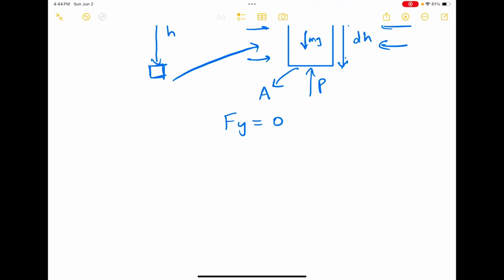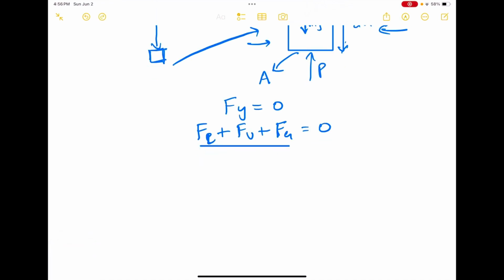We have the force acting on the lower surface of this cube, let's call it Fl, the force acting on the upper surface of this cube, let's call it Fu, plus the gravitational force acting on this cube. The sum of all these forces will be equal to 0. Let's solve the equation further.